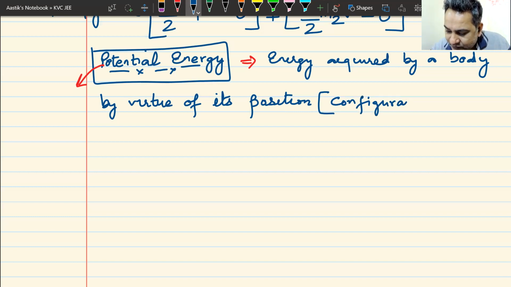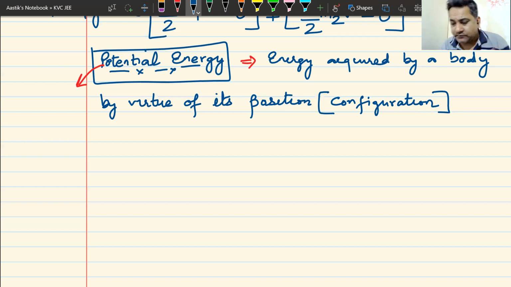Now, what do you mean by this configuration or arrangement? While we are doing gravitation, we are going to do gravitational potential energy also here. I'll give you an idea, but the exact idea of this configuration or arrangement you will probably get in the chapter of gravitation. So energy acquired by a body by virtue of its position or configuration.